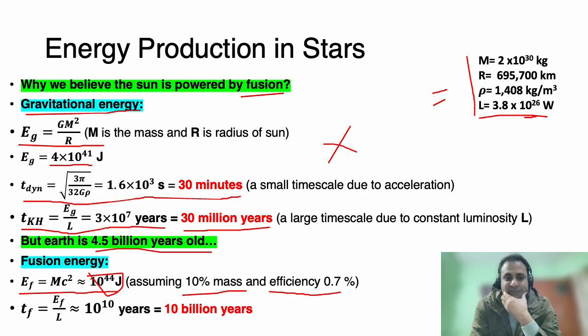So fusion is a very effective way to convert mass into energy, and even if the efficiency is low, just 0.7%, and even if only 10% of the mass of the sun is actively involved in the process, it can still sustain the sun for 10 billion years.